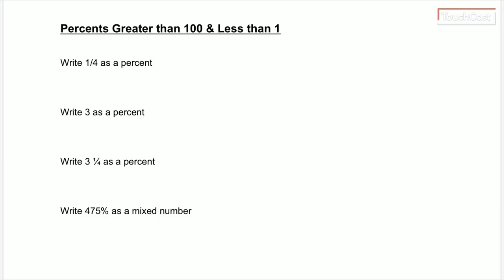As a quick review of how to convert a fraction into a percent, we're going to take a look at writing 1/4 as a percent. 1/4 as a fraction, we're going to convert that into a division problem because all fractions are division problems. So we have 1 divided by 4.